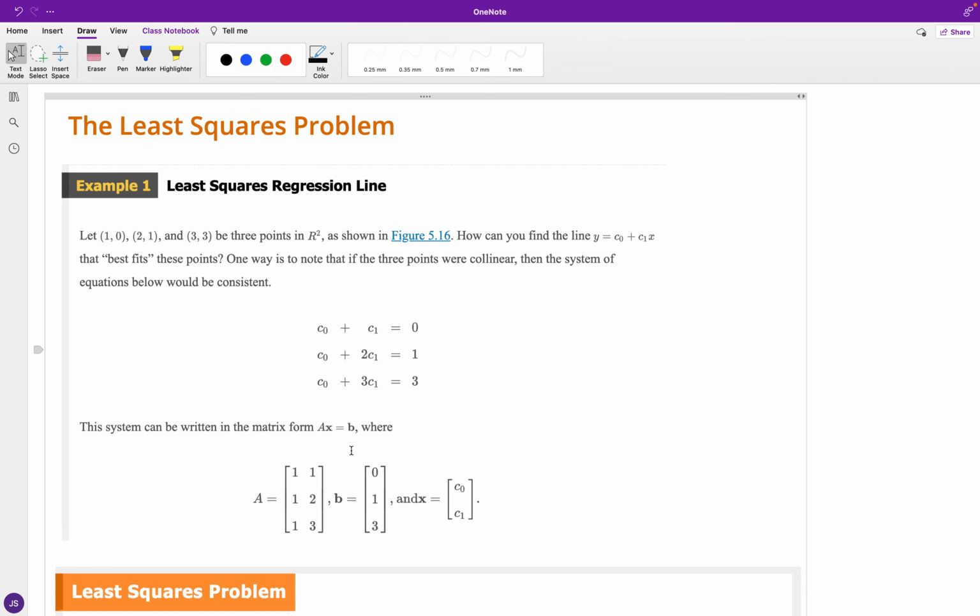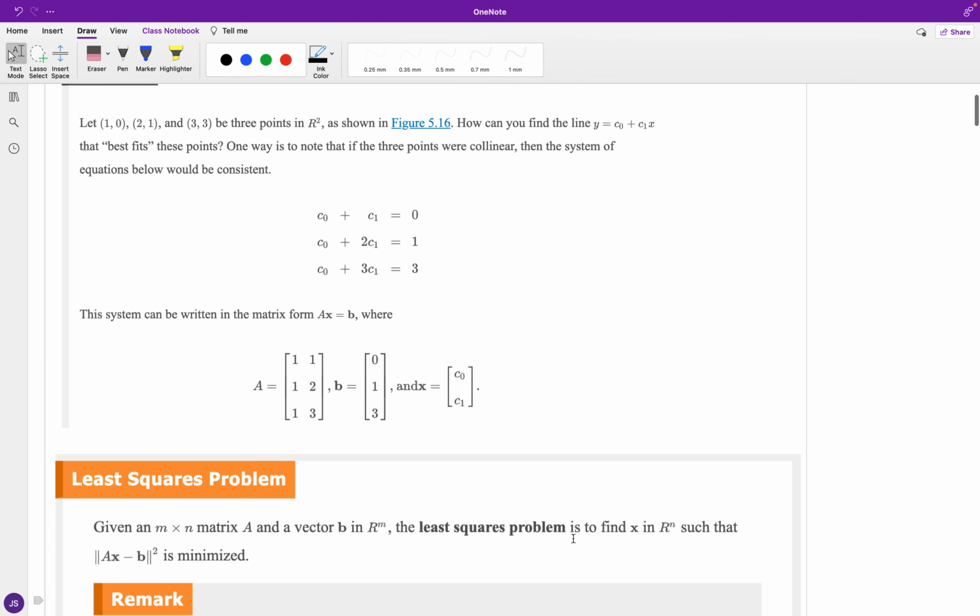And b consists of the constants that represent the y values, 0, 1, and 3. And for the matrix x, looking at the values of the coefficients, we have c0 and c1.